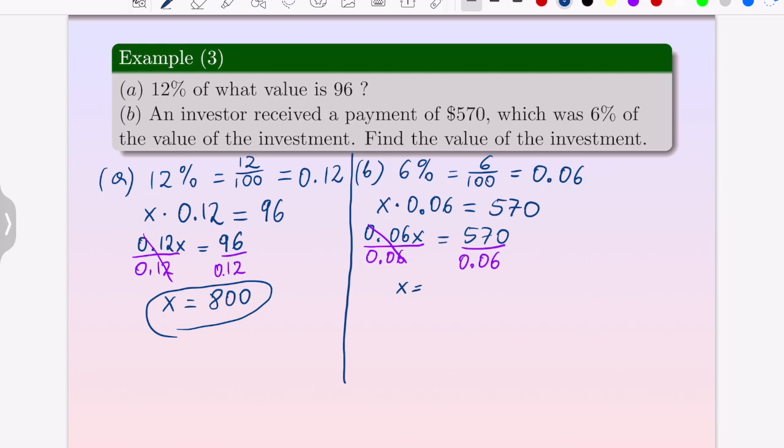In that case, we're going to have that the amount is 9,500. So what was the value of the investment? The value of the investment was $9,500.